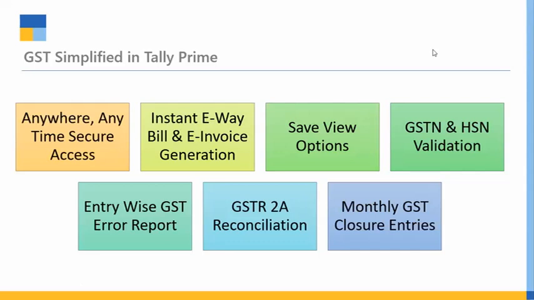From 1st April 2021, it has been mandatory that all registered dealers mention the HSN code or the SAC code in the invoice. Earlier, if your aggregate turnover was less than 1.5 crores, the HSN code was not mandatory.